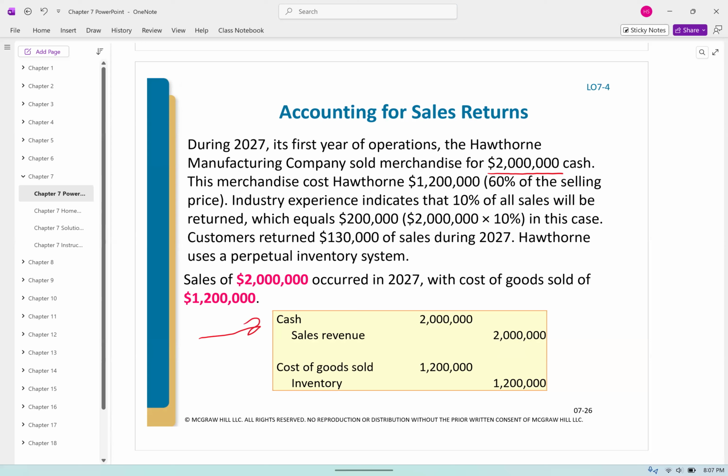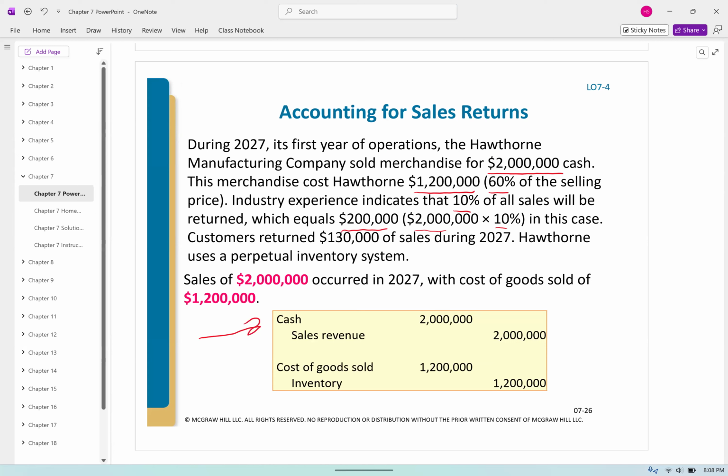This merchandise had a cost to Hawthorne of 1.2 million, or 60% of the selling price. Industry experience indicates that 10% of all sales will be returned, which equals 200,000, or 2 million times the 10%. Customers actually returned 130,000 of sales during 2027.